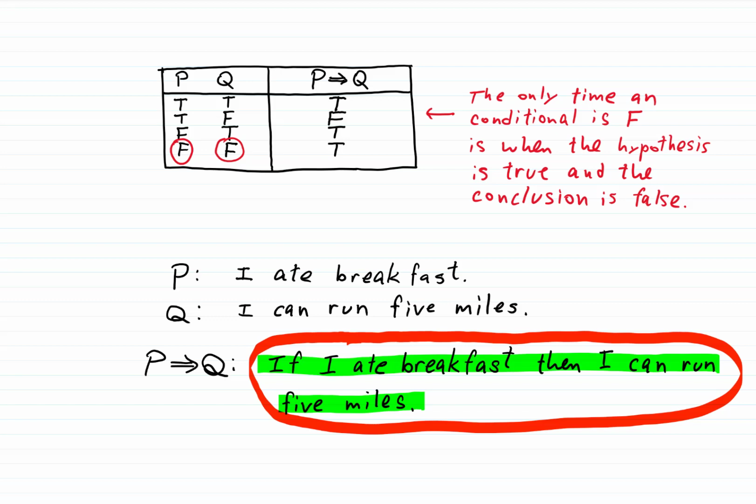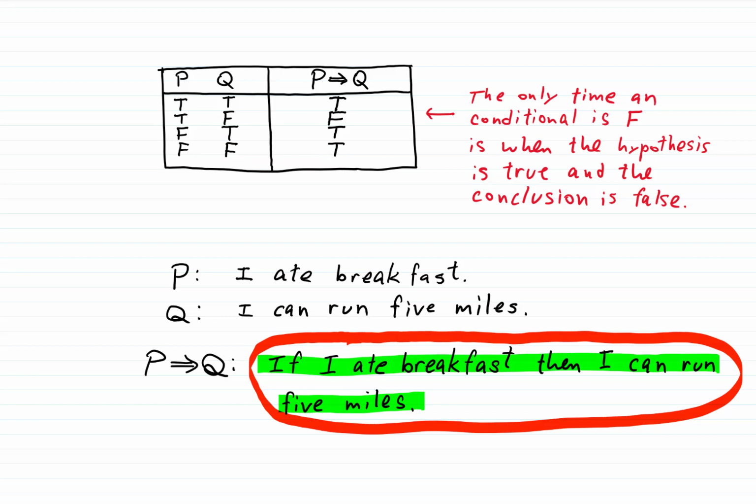Okay? And in that case, you certainly can't say that it's false. You would have no evidence to show that it's false. And if it's not false, then it has to be true. Okay? So that's where we get the lines of the truth table for a conditional statement.